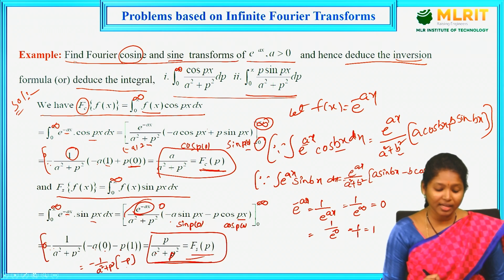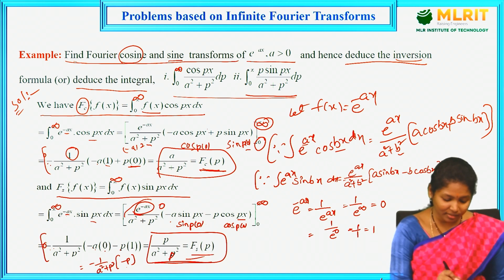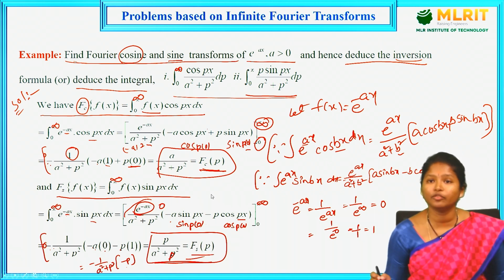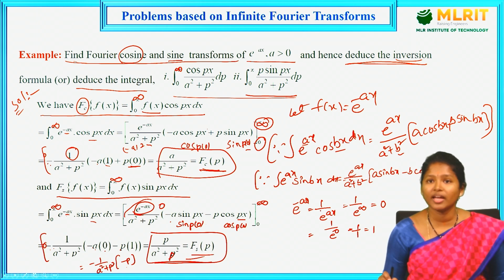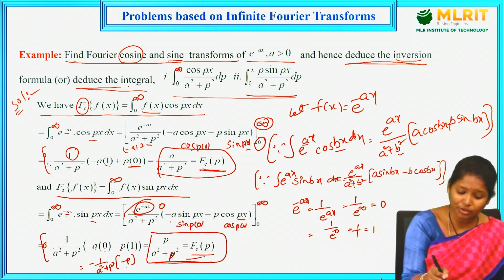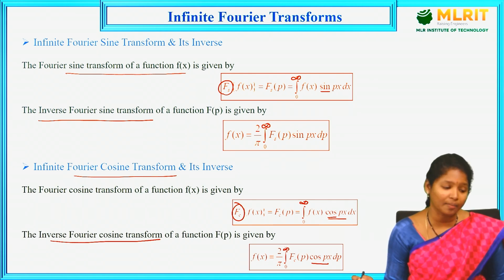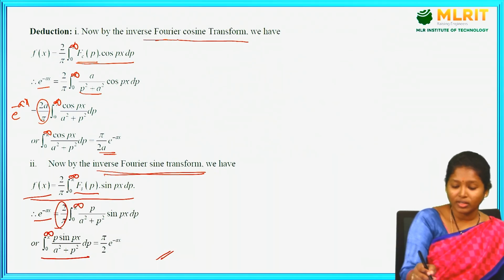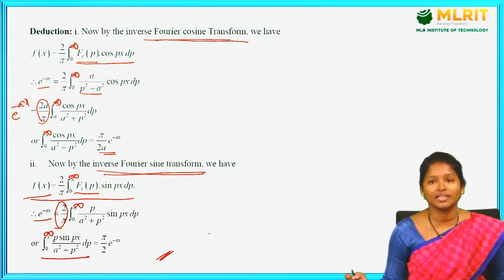First we found the infinite Fourier cosine transform, and next the infinite Fourier sine transform. When they ask to deduce the integral, for that purpose we find the deduction using the inverse Fourier sine and cosine transform formulas. You have proved the result.